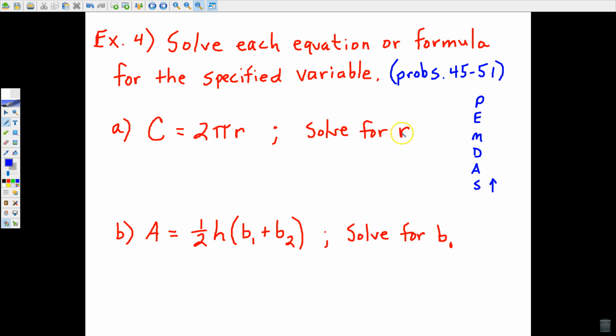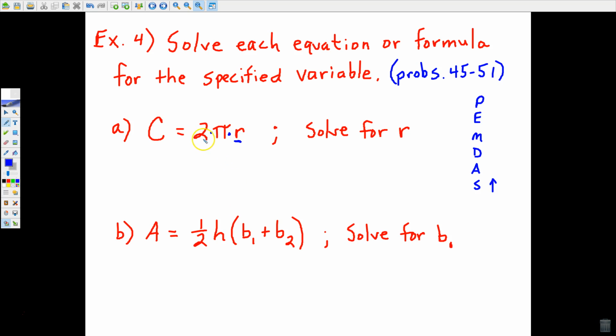All right, so I always encourage students to take a look. I'm told to solve letter A for R. Well, let's take a look at what operations are happening around R. And this one's pretty simple. I've got multiplication by 2 different numbers.